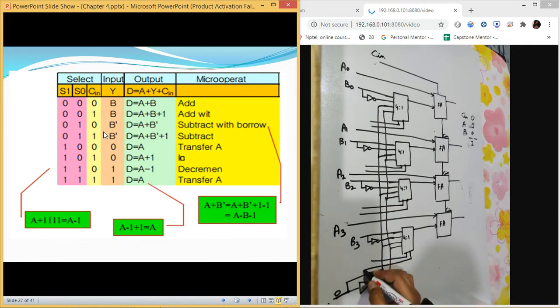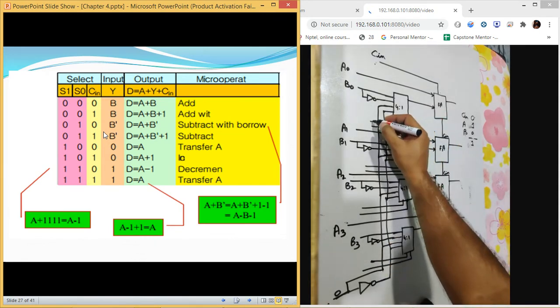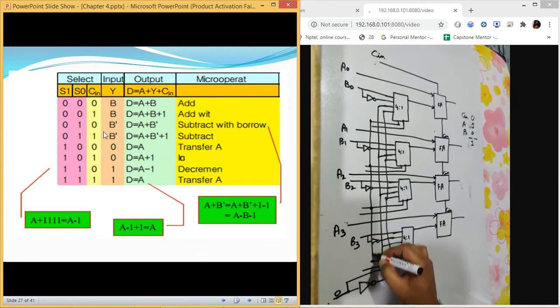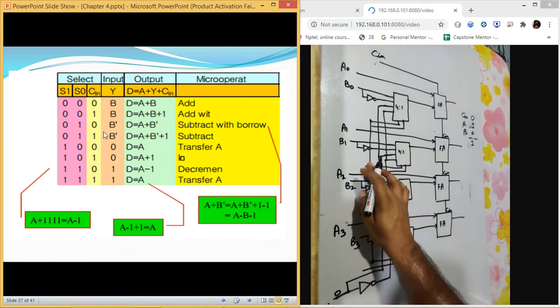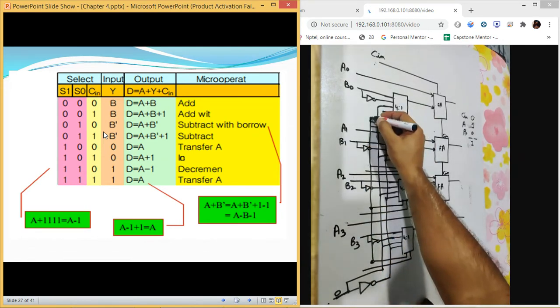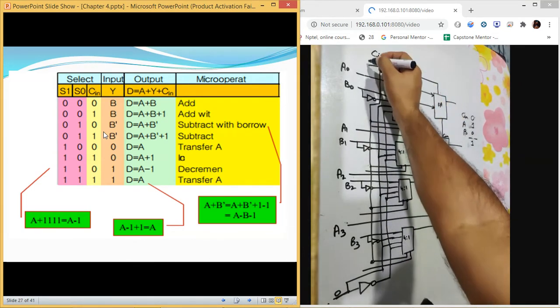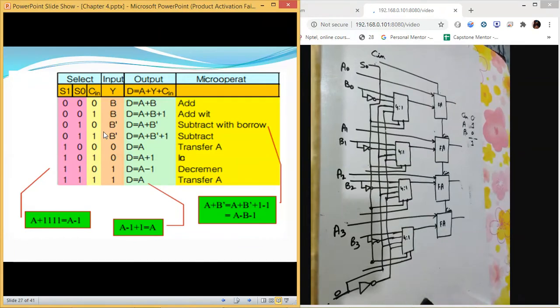This circuit is a little bit complex, I am aware of that. So please, if you have any problem in between, let me know. This is the value of S naught. Similarly, we can have a value of S1 as well.